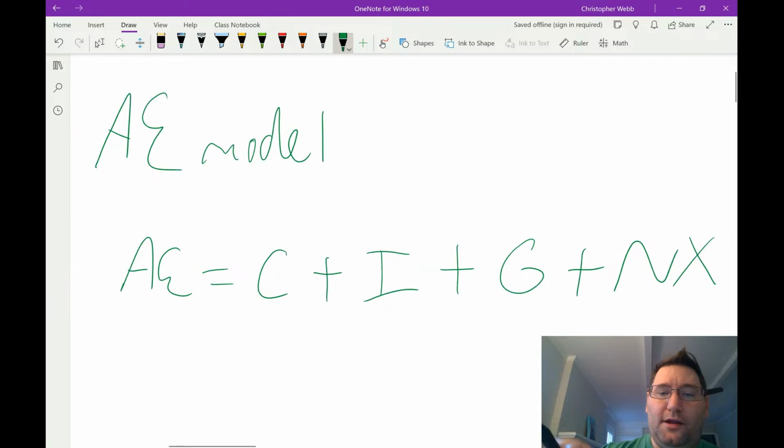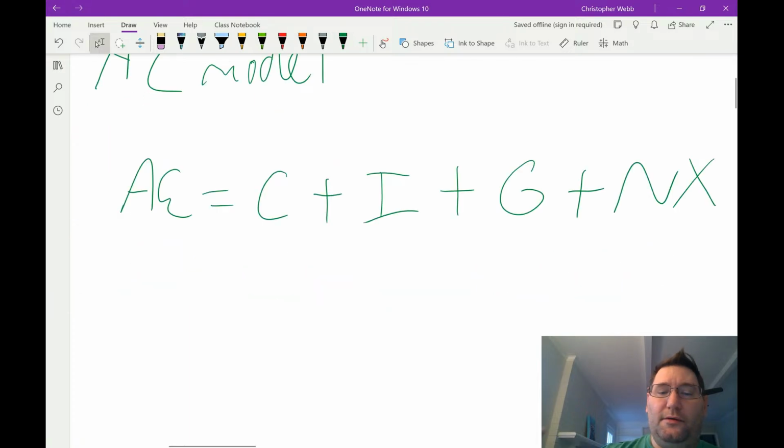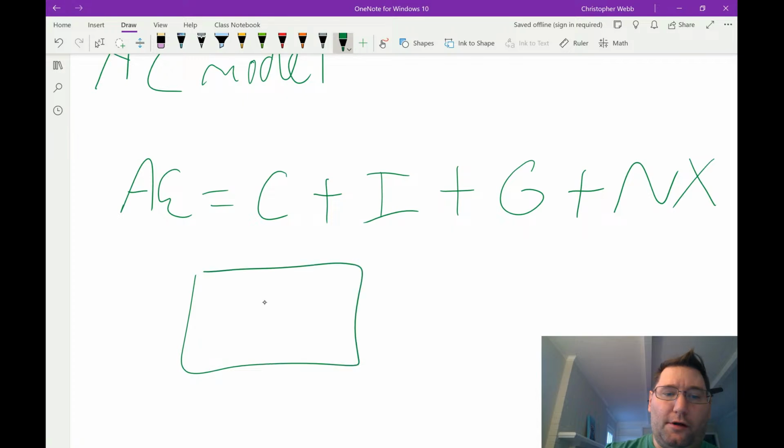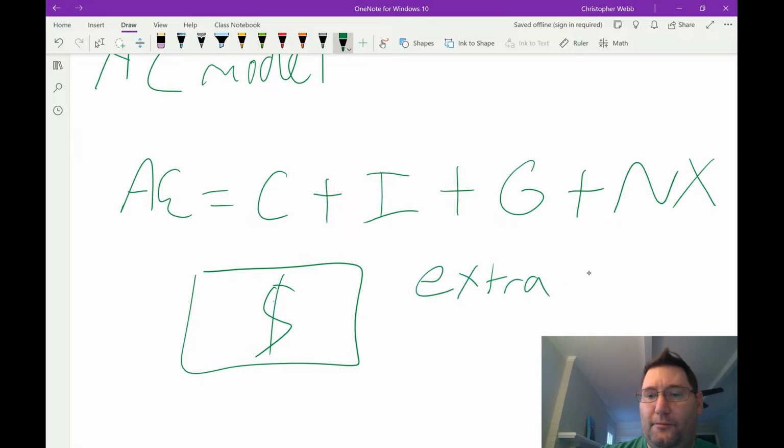And in order to look at this, what Keynes decided is that for every marginal dollar that somebody received in income, meaning an extra dollar received, they can do three things with it.